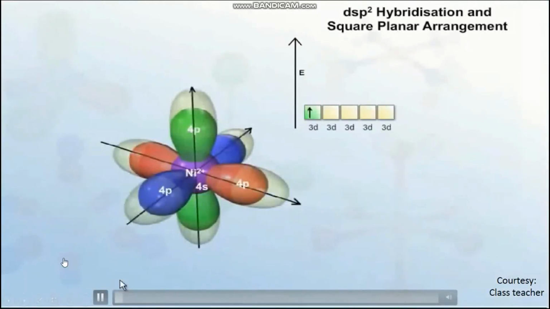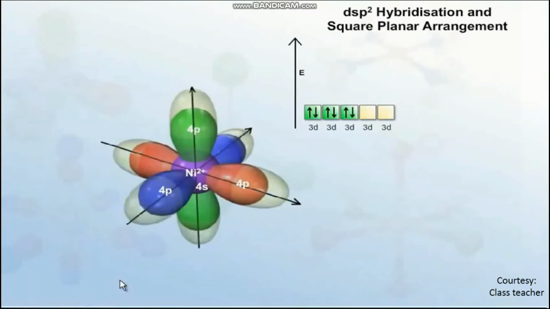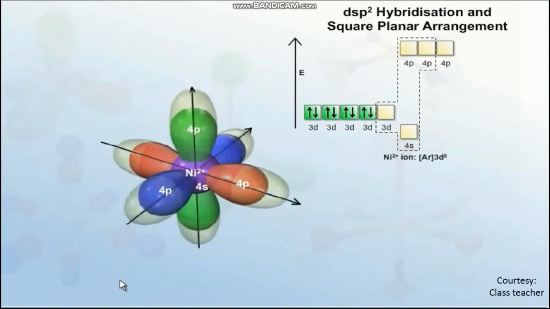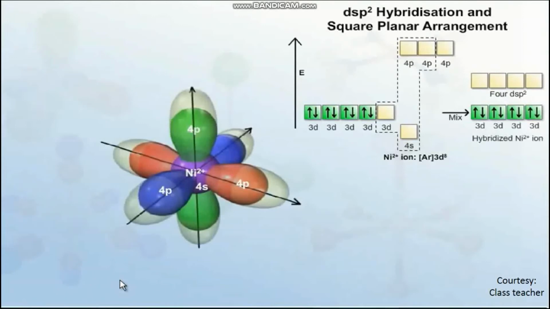In nickel 2+ ion, there are 8 electrons in the 3d orbital and the 4s and 4p orbitals are empty. In tetracyanonickel complex, due to the presence of cyanide ion which behaves as a strong ligand, electrons in the 3d orbital of nickel 2+ ion get paired up. So nickel 2+ ion hybridizes with empty 4s, two of 4p and one of 3d orbitals to form 4 dsp2 orbitals, and 4 3d orbitals remain unhybridized.